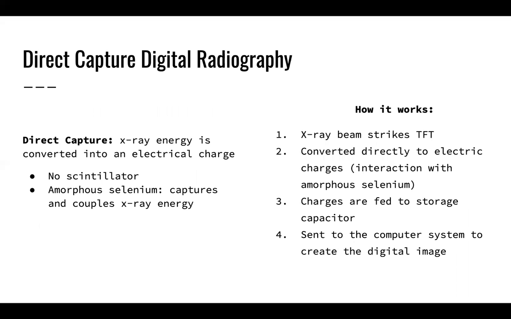Direct capture digital radiography. Direct capture is when the X-ray energy is converted into an electrical charge. Direct capture does not contain a scintillator. Instead, when the X-ray beam strikes the TFT, it is converted into an electric charge by interacting with the amorphous selenium.